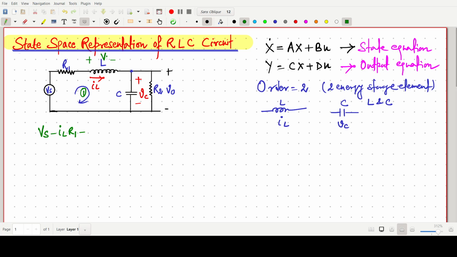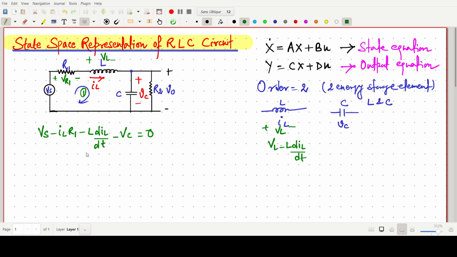Plus minus VL. If this one is an inductor with some voltage VL, then VL can be written as L dIL by dt. So minus L dIL by dt, because the voltage drop across R1 is VR1, and then Vs minus IL R1 minus L dIL by dt minus VC equals 0.